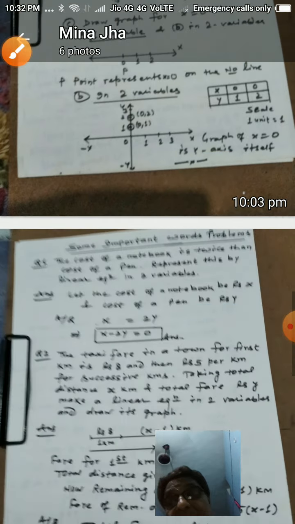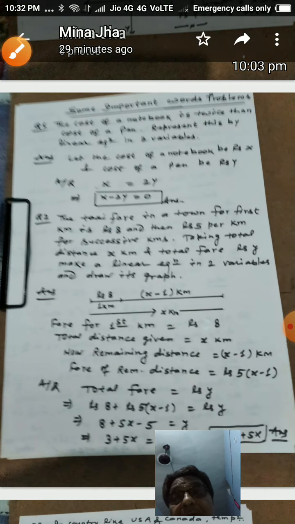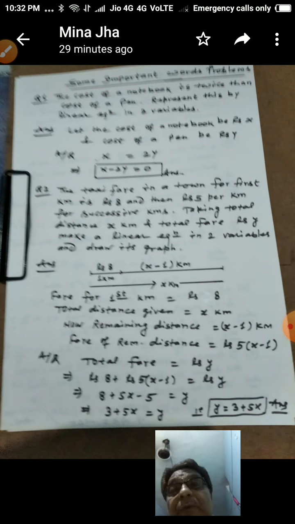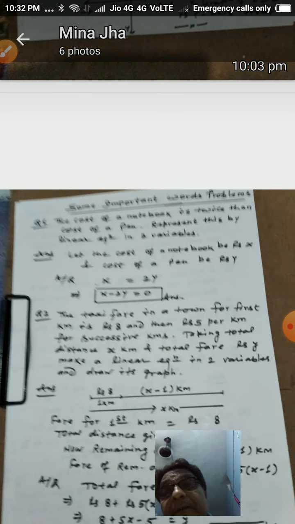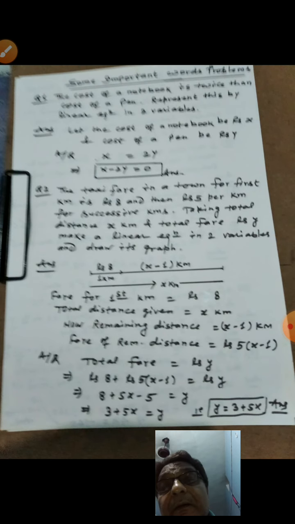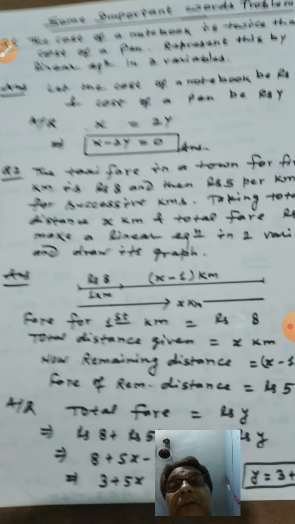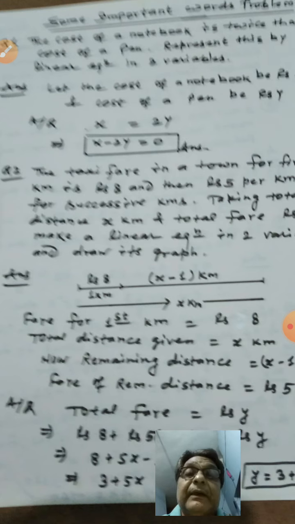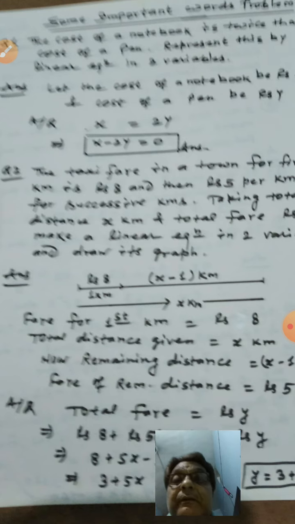So okay student, now we will see some word problems. So the first question is, the cost of a notebook is twice the cost of a pen. Represent this situation in a linear equation containing two variables.